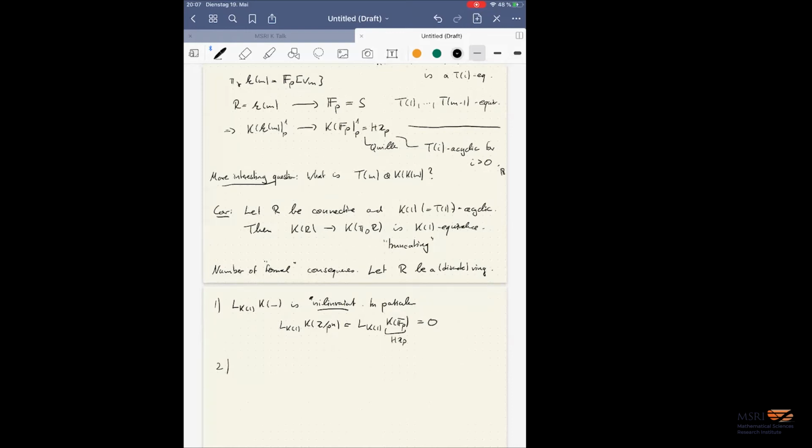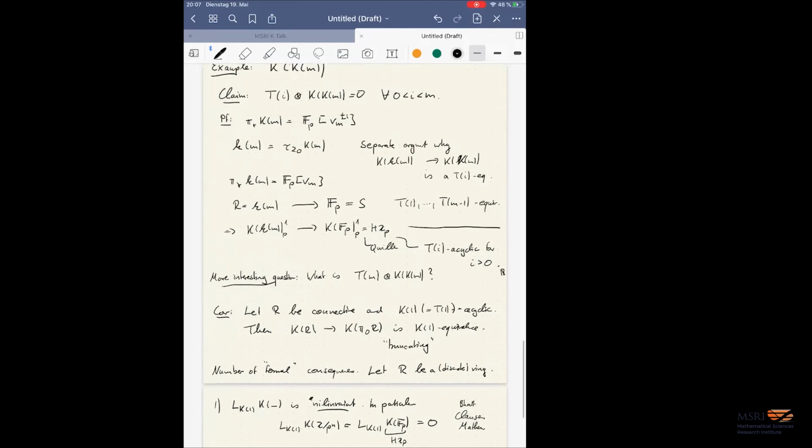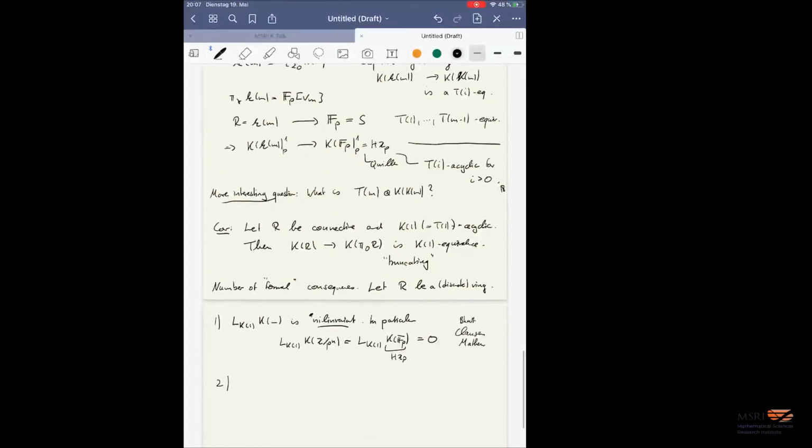First, that this was also shown by Bhatt, Clausen, and Mathew shortly before we found our result, and it actually was a motivation for us to prove our result, to give another proof of this result.